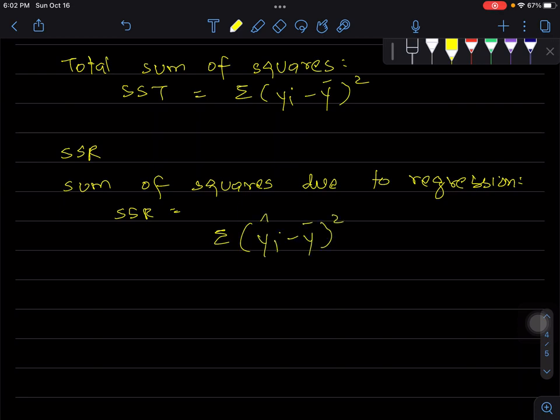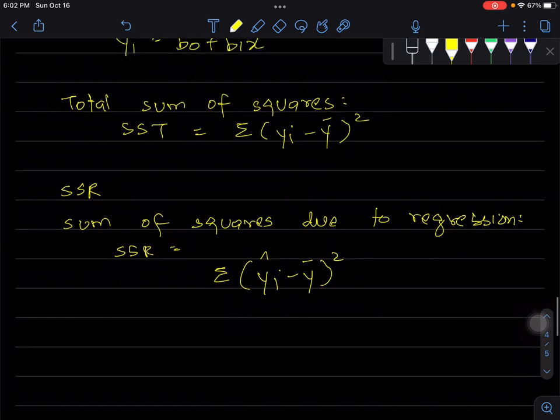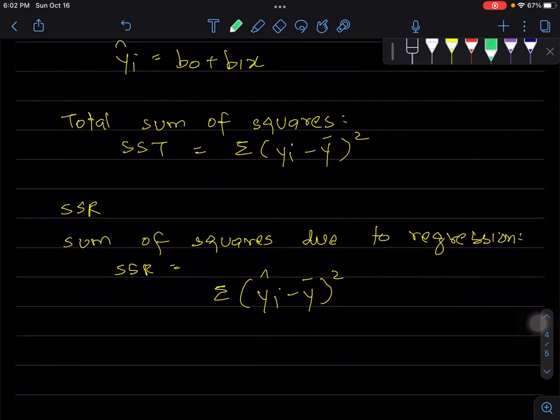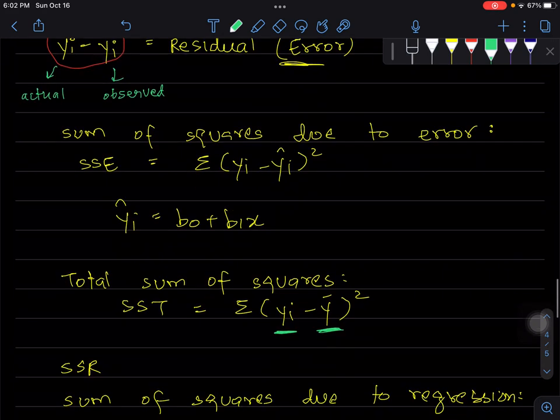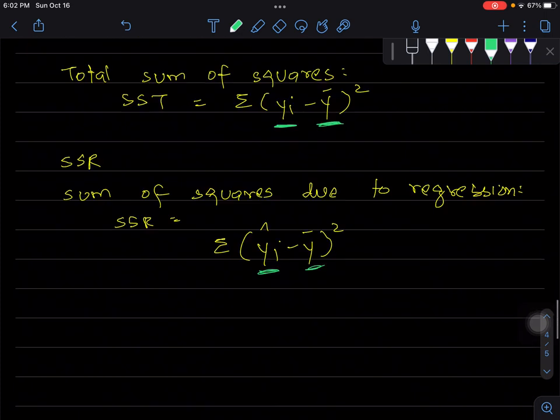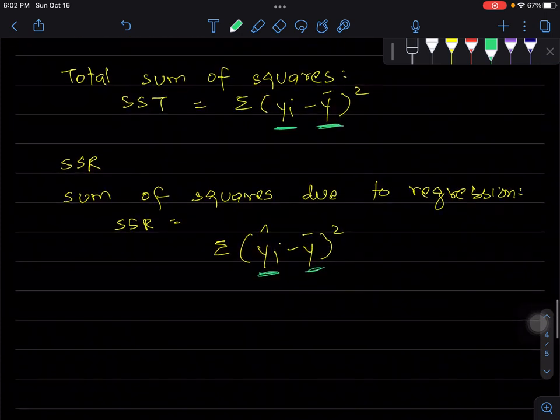These are all pretty self-explanatory. We can see that SST is the deviation of the actual values from y bar. SSR is the deviation of the estimated values from y bar, and SSE is the deviation of the actual values from the estimated values. So all of these are different terms, and they represent different things which we will need later on.